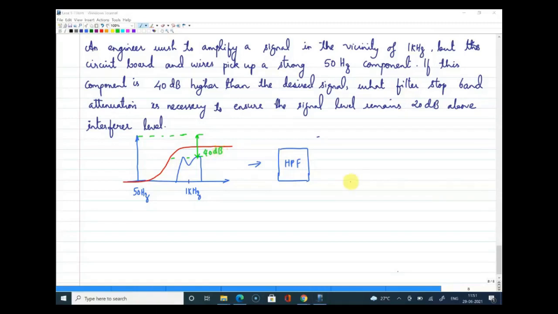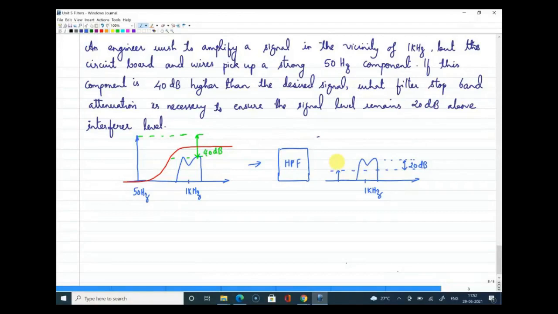So if I draw the response at the output, this is my signal which is around 1 kilohertz, and this should remain 20 dB above the interferer. So the interferer should be at least this. This should be 20. Sorry, not on this side, on the other side. Now, for this to happen, how much should be the stop band attenuation is the question.